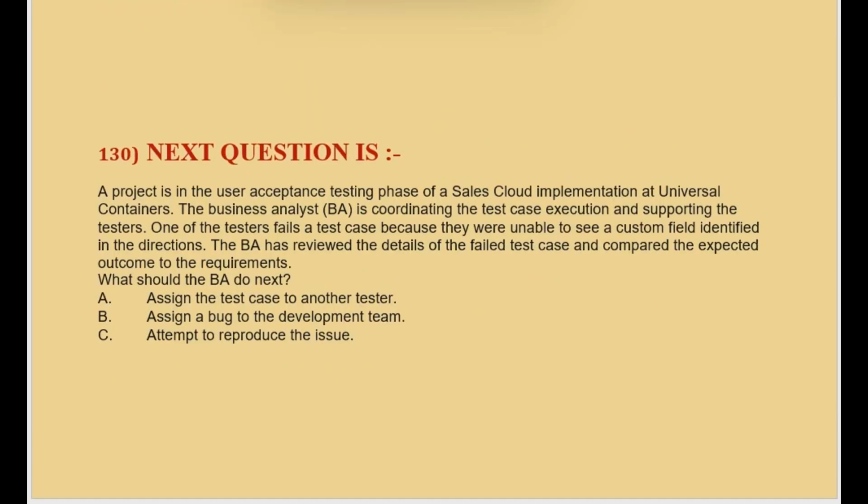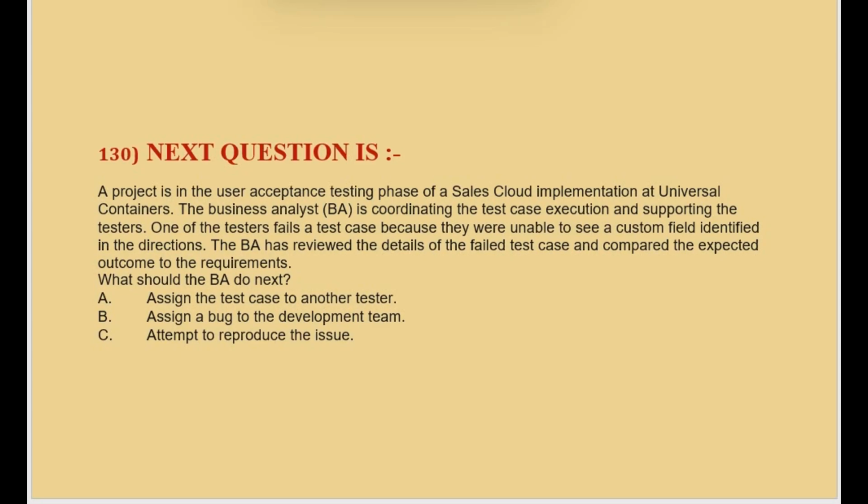Question is, a project is in the user acceptance testing phase of a Sales Cloud implementation at Universal Containers. The business analyst (BA) is coordinating the test case execution and supporting the testers. One of the testers fails a test case because they were unable to see a custom field identified in the directions.